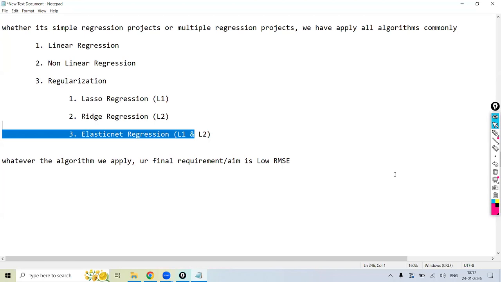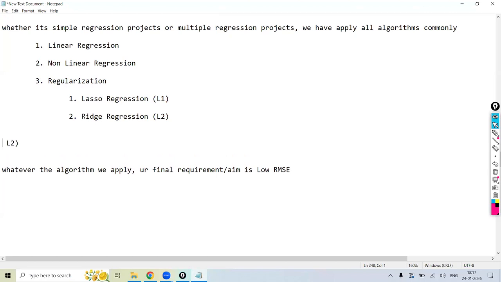As per client satisfaction, the client requirement is low RMSE, low error, for future data. Within the past data, everyone will get low error. Future data error should also be low, so if you execute more perfectly, then future prediction can be more accurate.